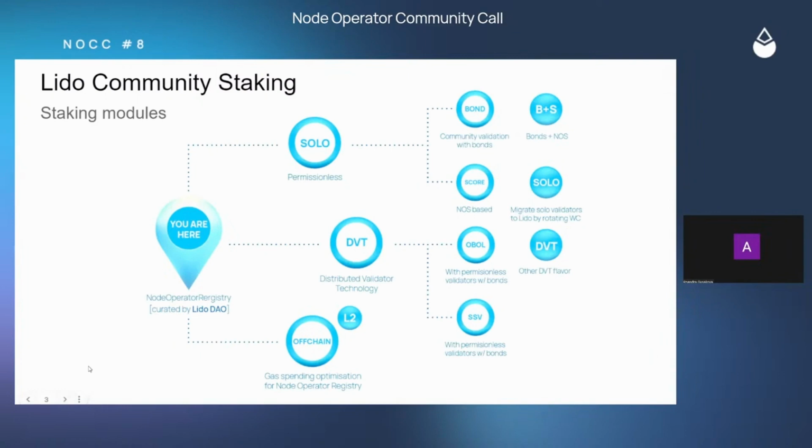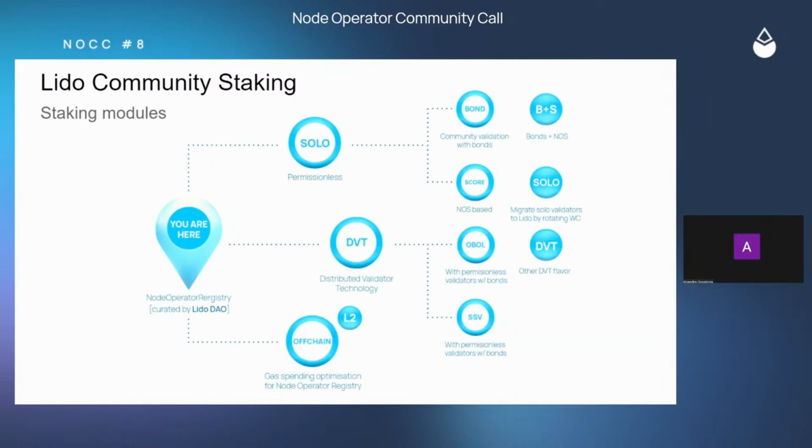And the most interesting fact about bonds is that the required amount of bond should be enough to cover the risks for the Lido stakers. At the same time, it should be affordable for node operators, because we remember that another goal is to lower barriers to becoming a node operator.